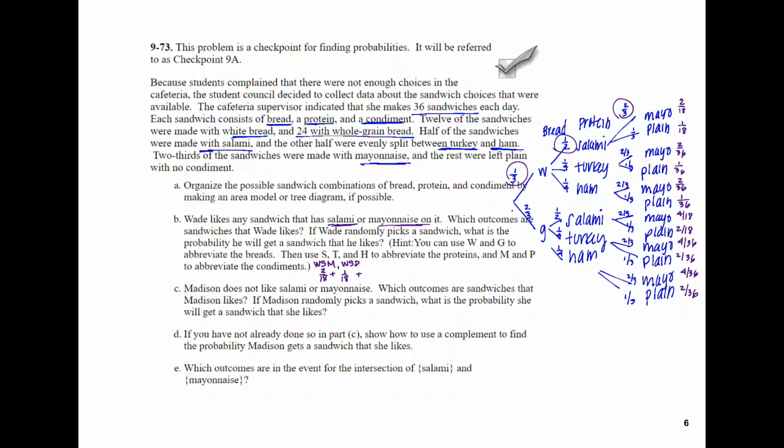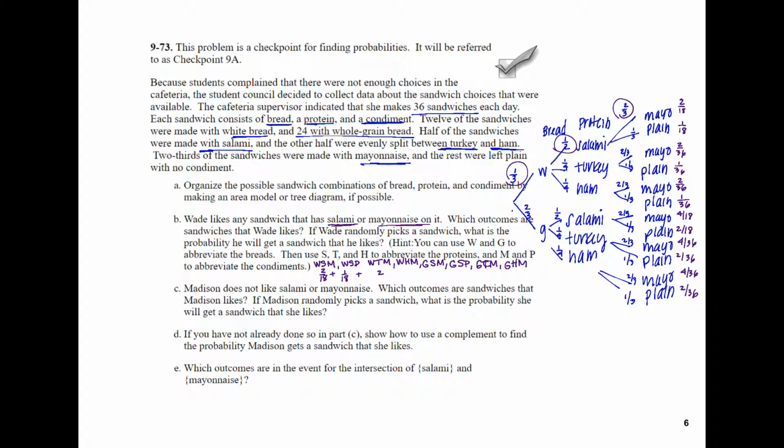White bread, turkey, mayo, white bread, ham, mayo, grain, salami, mayo, grain, salami, plain, grain, turkey, mayo, grain, ham, mayo.